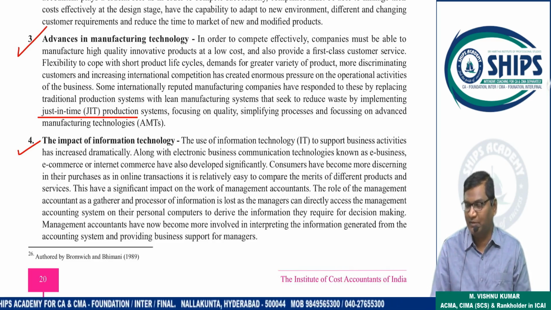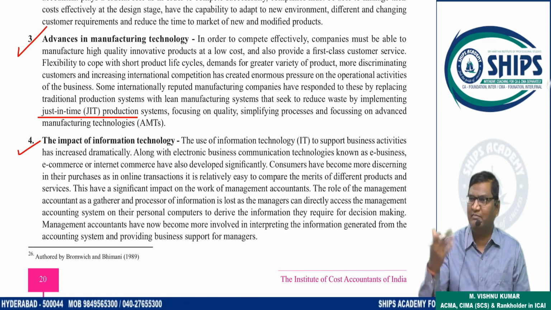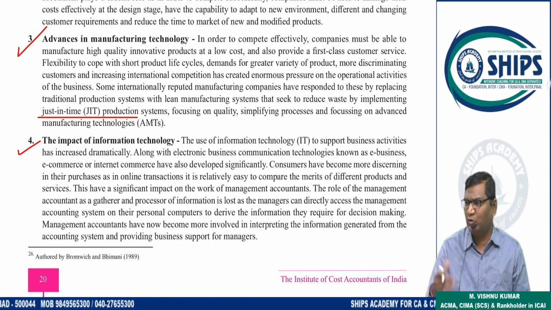So big companies compulsorily have to switch from traditional system to modern information technology system, because every customer will not deal in cash now, and every customer will not visit directly to the store. So he can purchase, he can do transaction from any place, anywhere. In that way arrangement should be made.